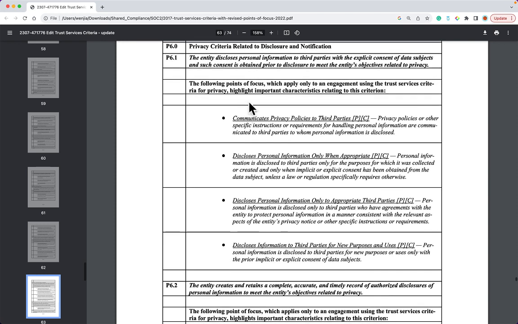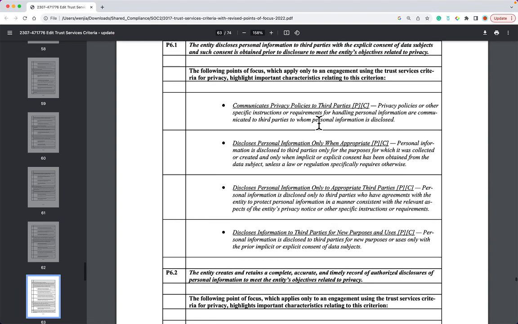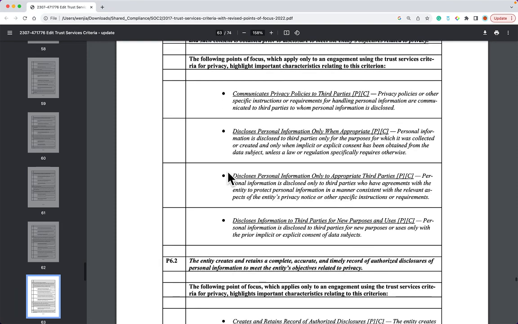So to achieve this principle, you have four guideline points of focus. Communicate privacy policy to third parties. Disclose personal information only when appropriate. Disclose personal information only to appropriate third parties. Disclose information to third parties for new purpose and use.